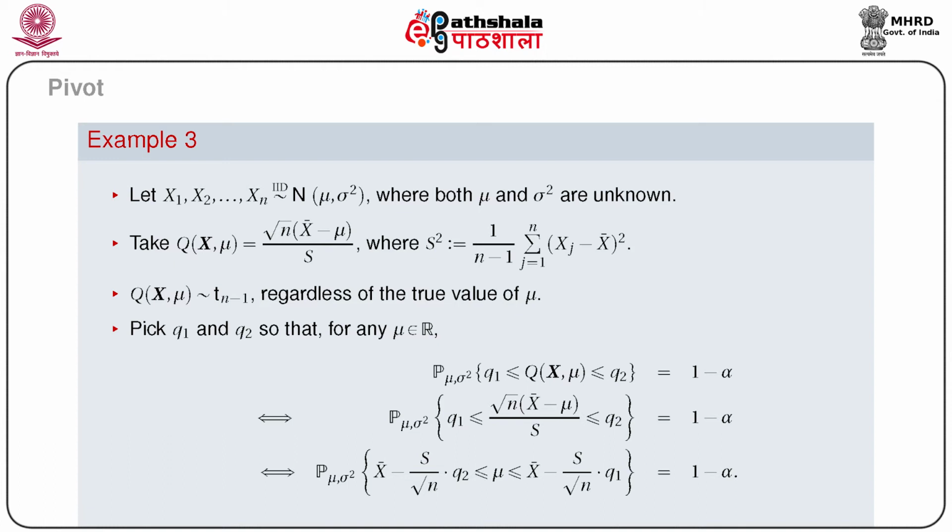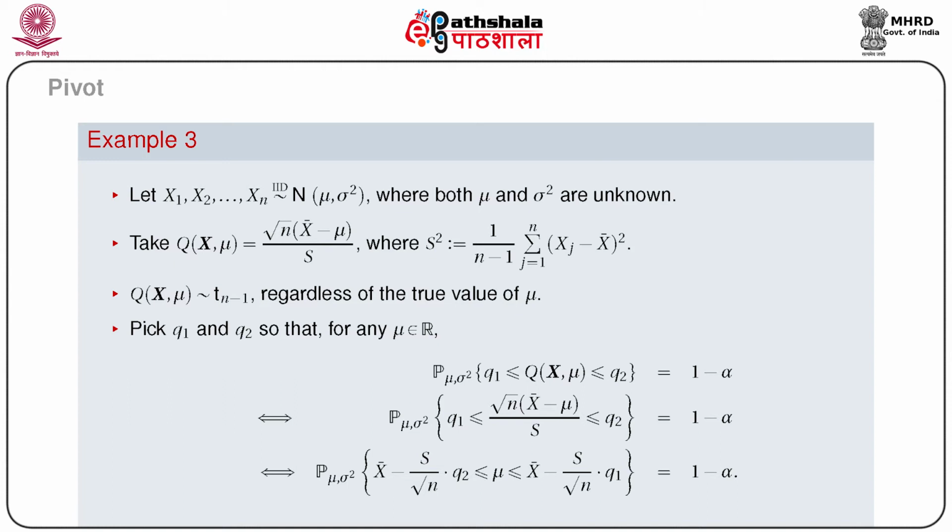Let X1, X2, ..., Xn be a random sample of size n from a Normal(mu, sigma square) population, where mu and sigma are both unknown.